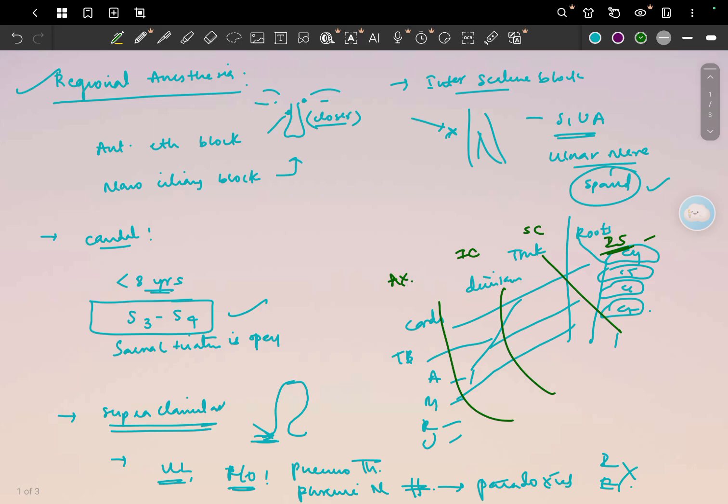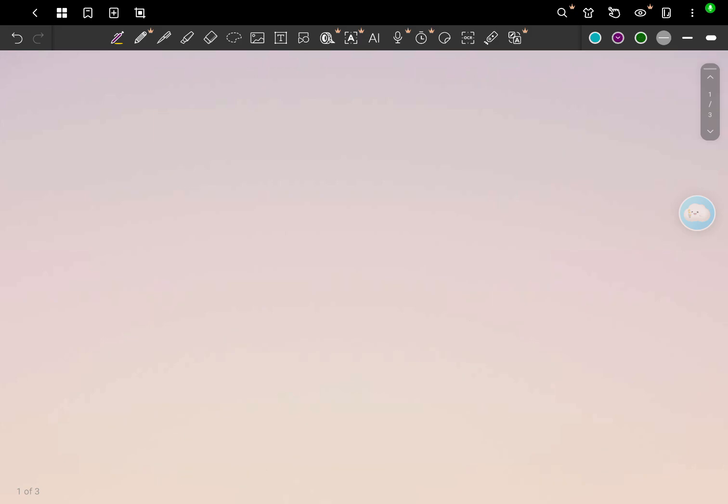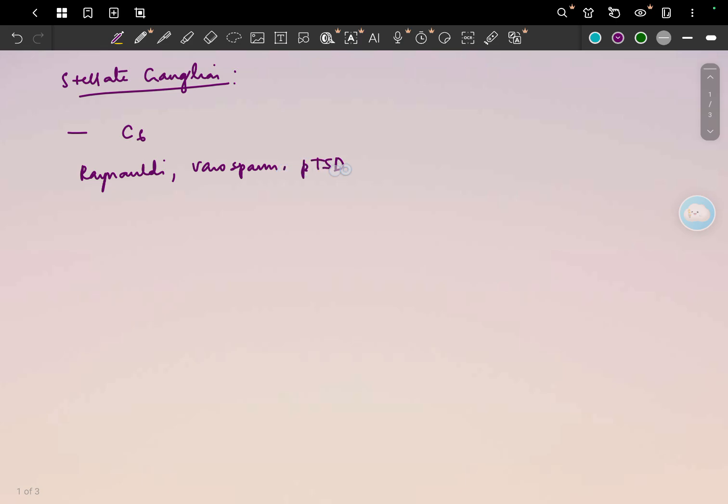And next we'll be talking about stellate ganglion. Stellate ganglion block is given near C6, and it is done for Raynaud's, vasospasm and PTSD.